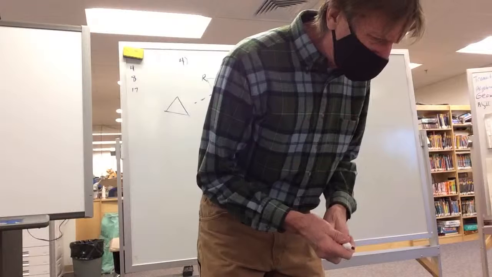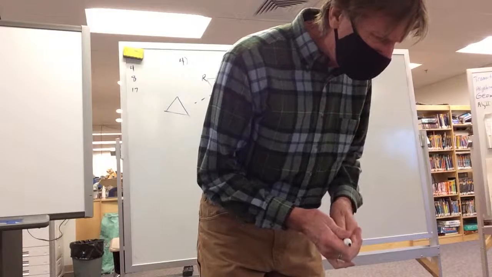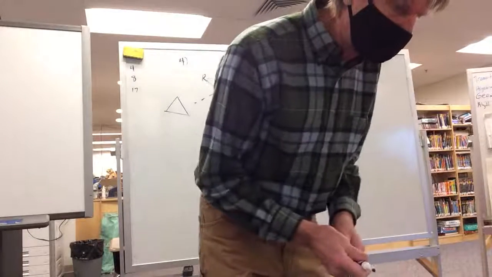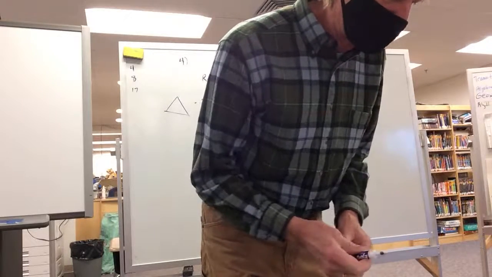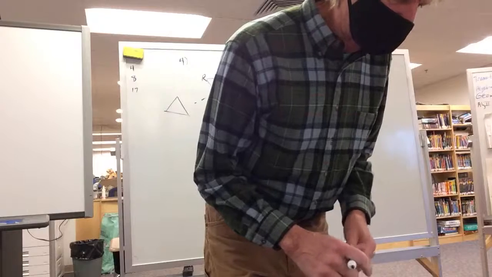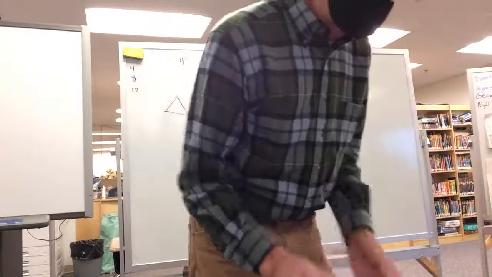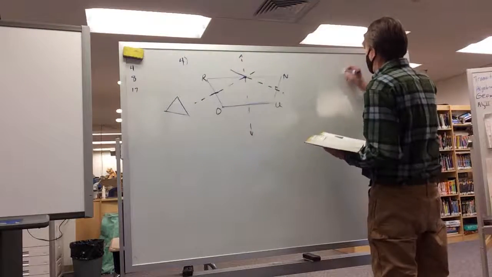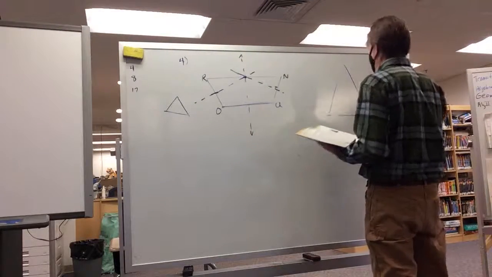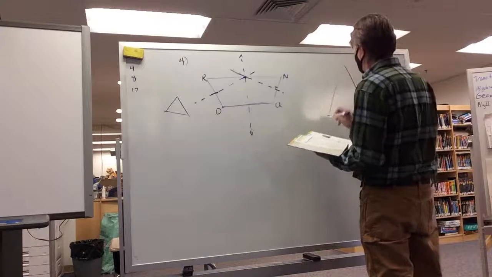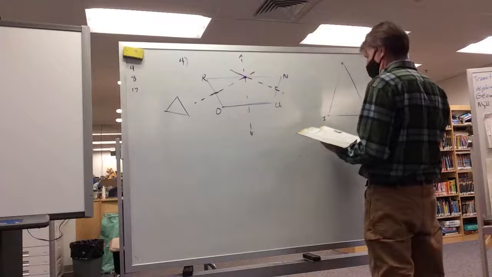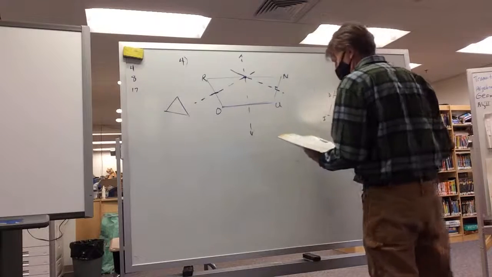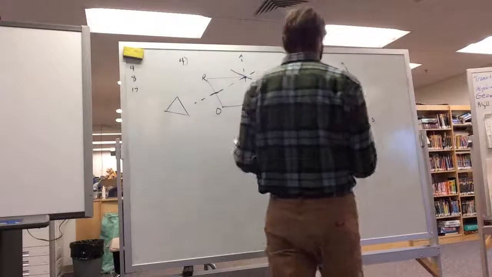Okay, then eight. Okay, so we have triangle ISO. It's isosceles with IS equal to OS. DZ is parallel to IO.